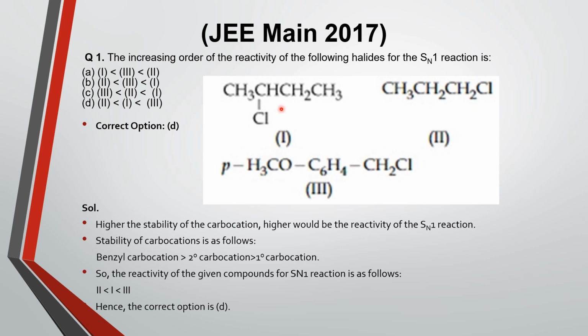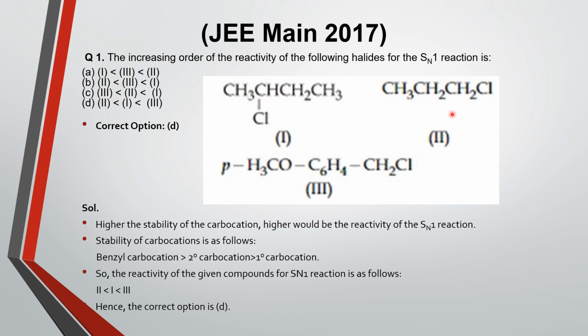We have seen the mechanism of the SN1 reaction, a two-step mechanism. In the first step, a carbocation is formed after removal of the leaving group. Here the halide acts as a leaving group, and if it leaves, it gives this secondary carbocation intermediate.